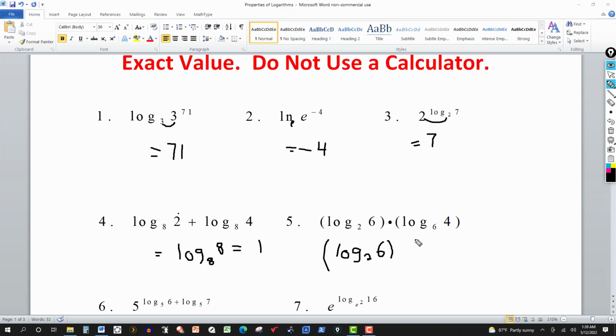So one way to do it is to use the change of base formula and say, let's change the base to 2. Remember the formula, it's whatever this number is times whatever base you pick. In this case, I pick base 2.